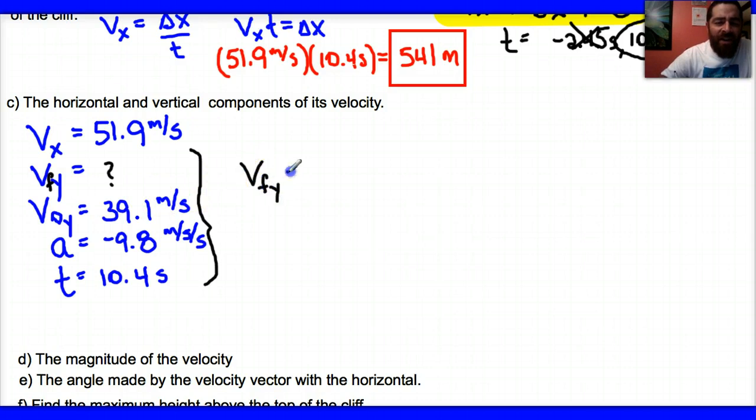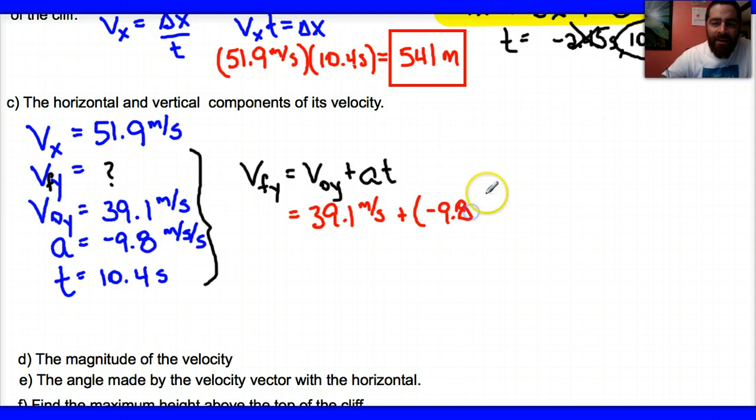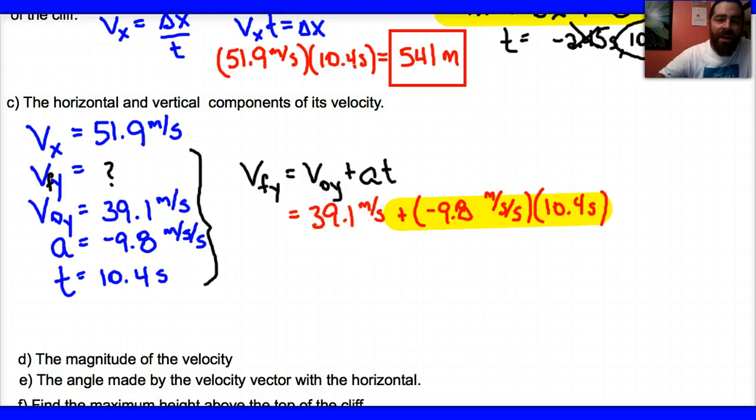So I'll write that out. V final y is equal to v initial y plus acceleration times time. Substituting in my values, I get 39.1 meters per second, and I'm going to add to it negative 9.8 meters per second squared times my time of 10.4 seconds. I should recognize that this term is going to be negative, so as soon as it gets larger than 39.1, the result becomes negative.